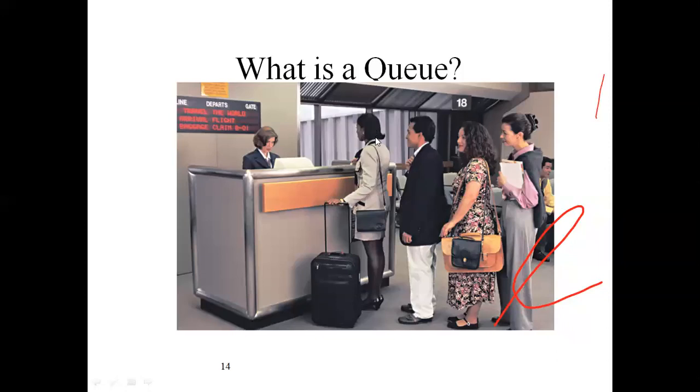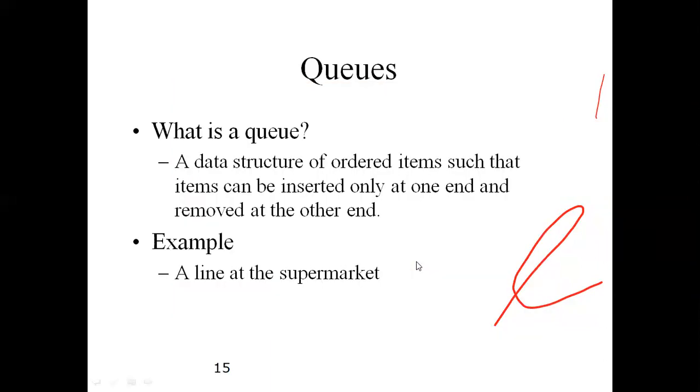In the system also, the procedure is the same. The queue is a linear data structure. It has two ends: one is front and another one is rear. We can insert the elements at the rear and we can delete the elements from the front. A queue is a data structure of ordered items such that items can be inserted only at one end and removed at the other end. This is the general, normal queue.